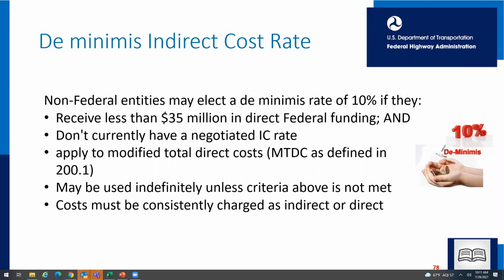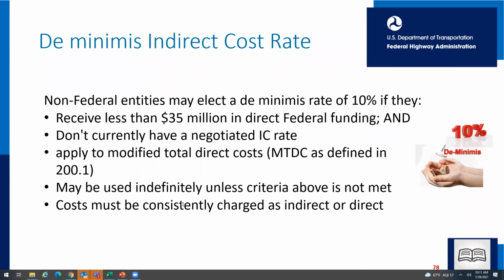So when you're developing or you're deciding to use a de minimis rate, you have to show that your systems are able to exclude those costs that should not be applied the 10%. So that's very important. As long as you meet these 2 criteria, you don't have to develop a whole plan.